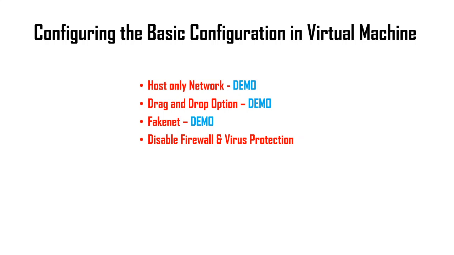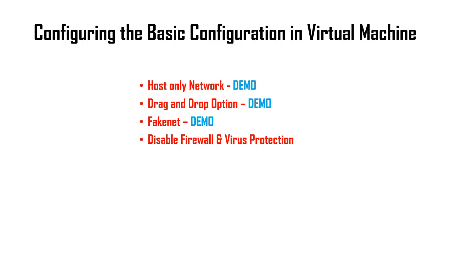The basic configurations are, we have to change our virtual machine's configuration to host only network. Because if I am executing a malware in my virtual machine, it may enter into my host OS, right? We have seen the difference between the host OS and guest OS, right? If I am installing my OS in the virtual machine, then that is called the guest OS.